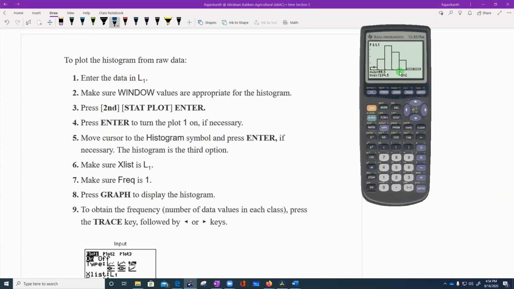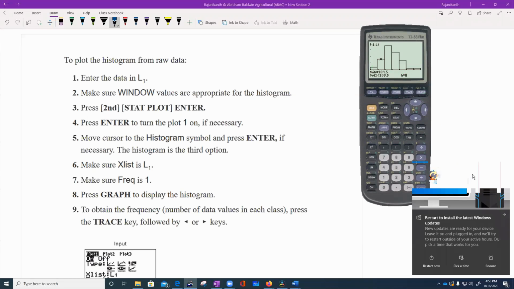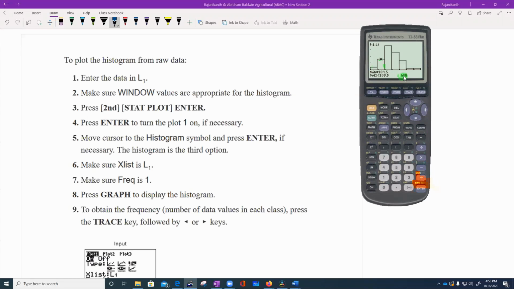It's up to you. If you are not asked about the number of classes, then you could fix whatever you like, so you could use the calculator's number. The calculator chose 7 classes, 7 bars. So the first bar has 2 frequency, and keep on moving. My second bar has 8 frequency.